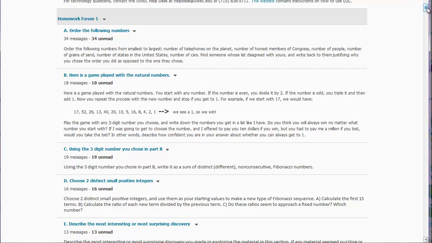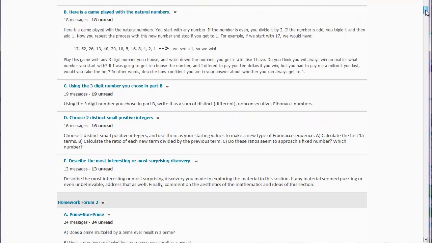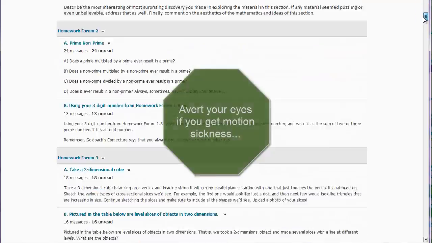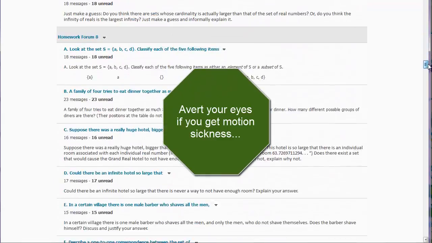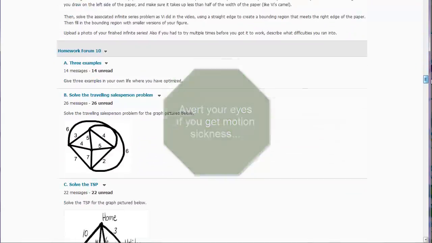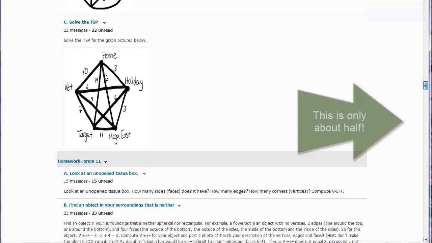So this was a big deal to create, and we want you to know that there is assistance to help set this all up. So one of the assistants to our D2L administrator put all these questions in. So I'm just going to scroll a little bit so you can see the enormity of this discussion board here. So they just keep going and going and going.